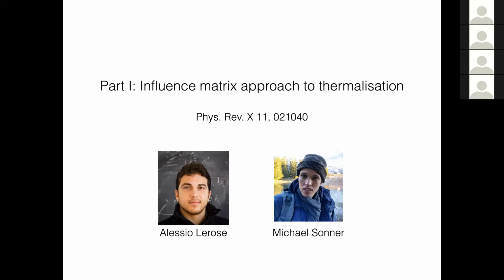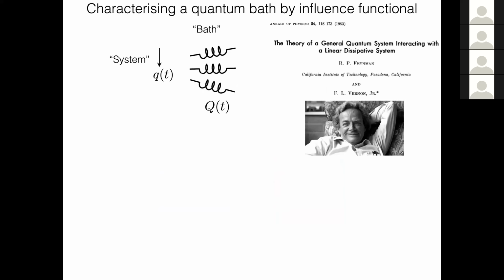Let me start with talking about this approach to thermalization. This will resonate with talks by Tomasz and John yesterday. One way of thinking about a quantum system coupled to a bath was proposed by Feynman and Vernon.